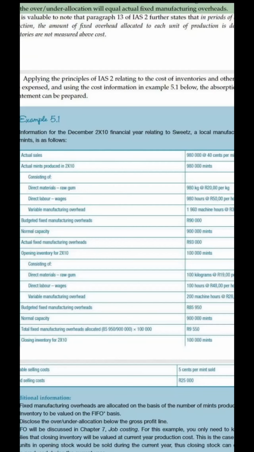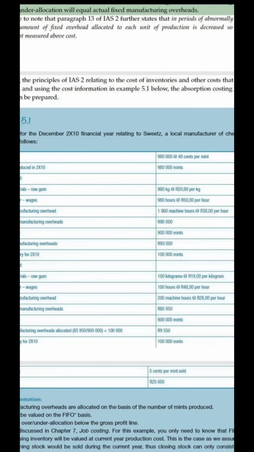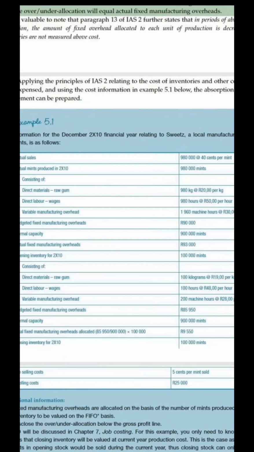Same with direct labor. How you treat direct materials is the same way that you treat direct labor. Sometimes this information, like 980 hours at 50 rand per hour, you will typically find in your additional information. They will tell you, let's say, that they used 980 hours for the actual production, and the rate was given as 50 rand per hour.